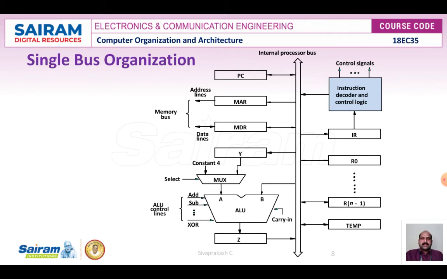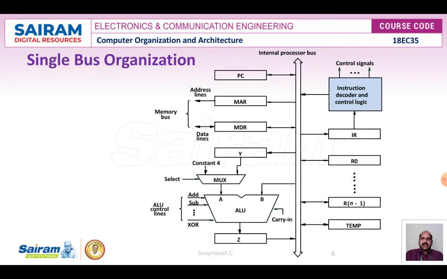With few exceptions, an instruction can be executed by performing one or more of the following operations. First, transfer a word of data from one processor register to another or to the ALU. Second, perform an arithmetic or logic operation and store the result in a processor register.